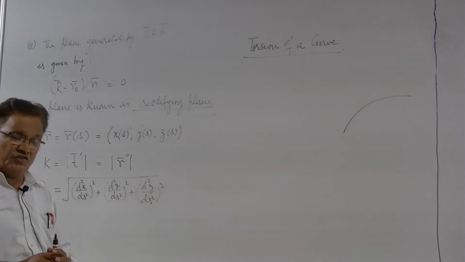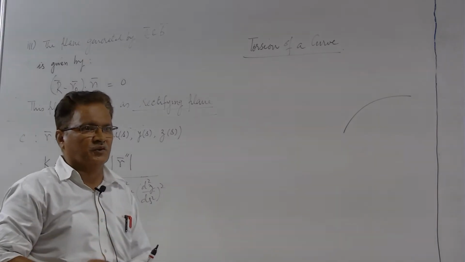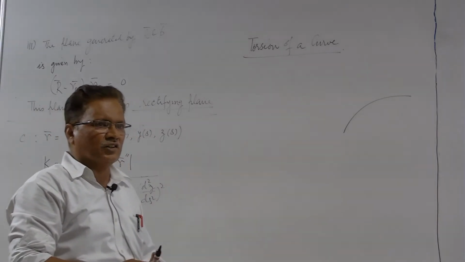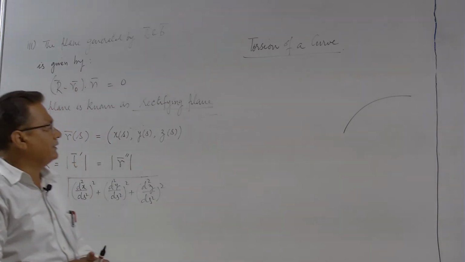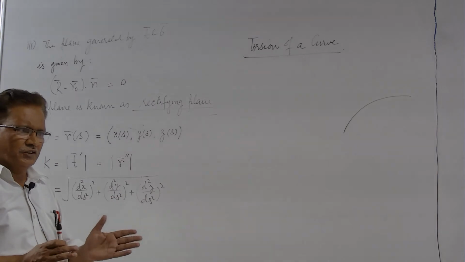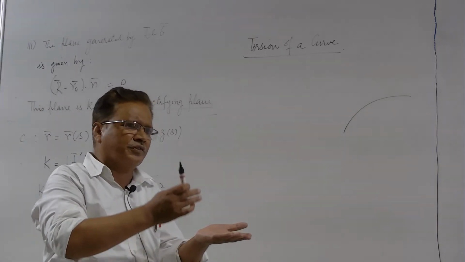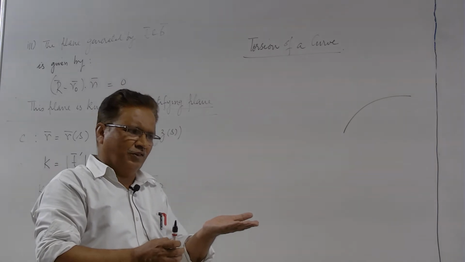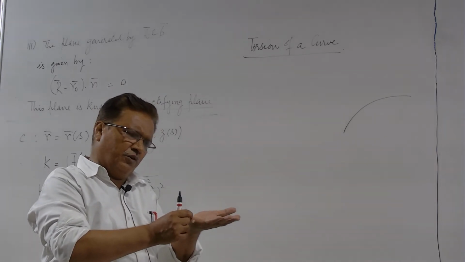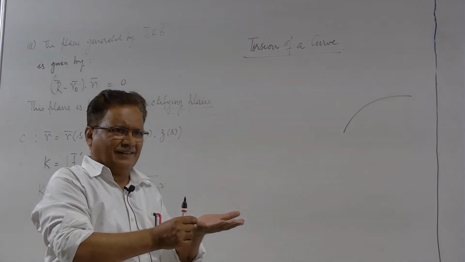And therefore, the change in binormal will occur only in a non-trivial space curve. So, in fact, we define the torsion of a curve as the rate of change of the binormal. It is the tendency of the curve to go out of its osculating plane. If you look at the helix, you will see that if you choose the neighborhood of a point, it will not lie in any plane.